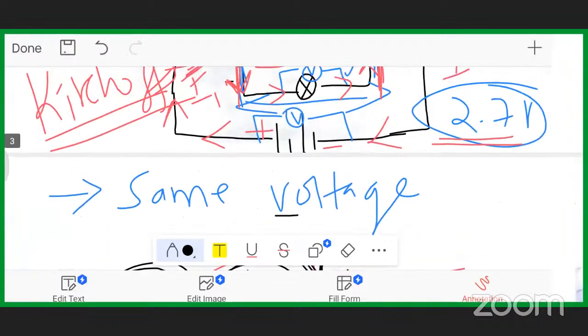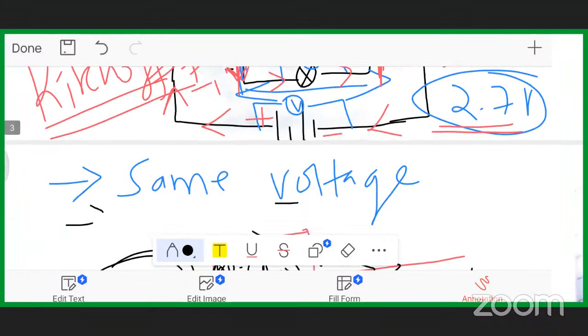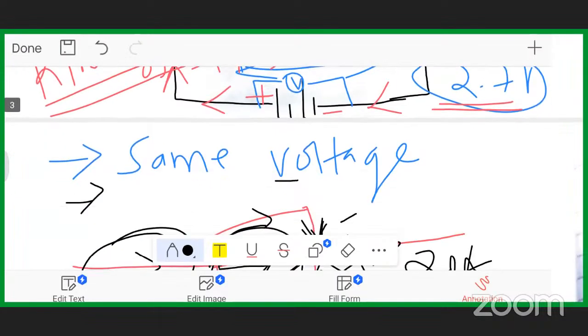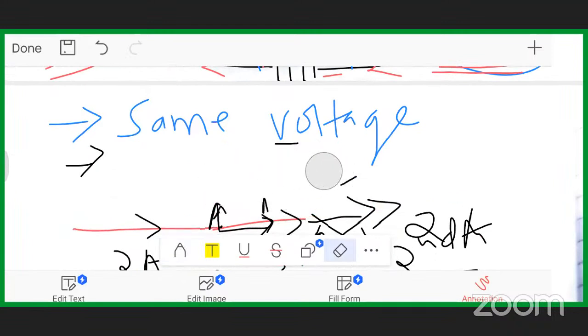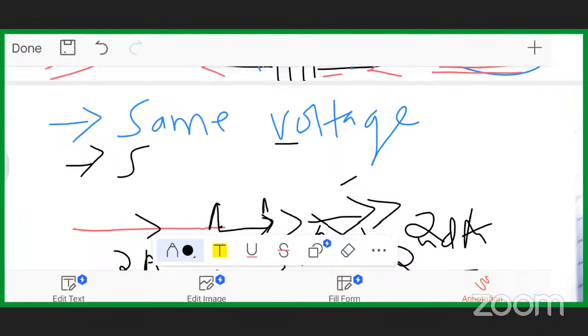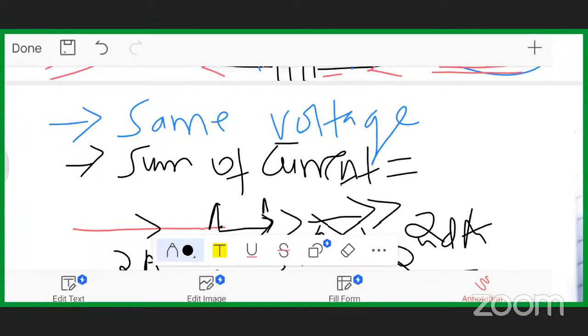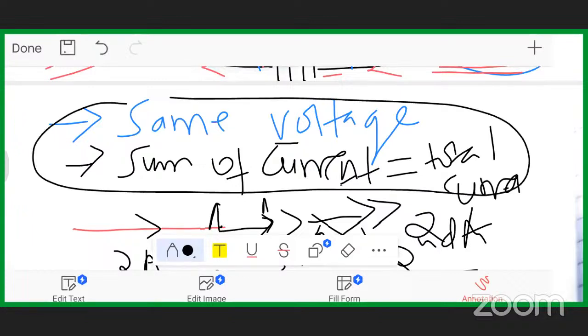So back to my circuit up here. The current will be different, but the sum of the currents in the individual loads or components must be the same as the total supply current, the total current that is in the circuit. So this is again something very fundamental for you to understand resistor networks.